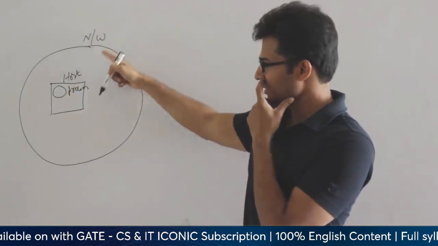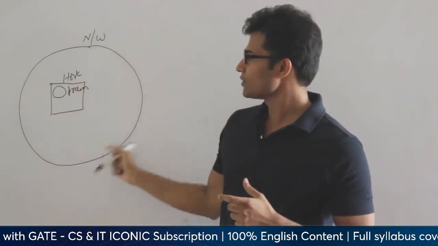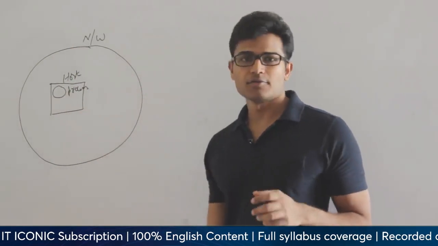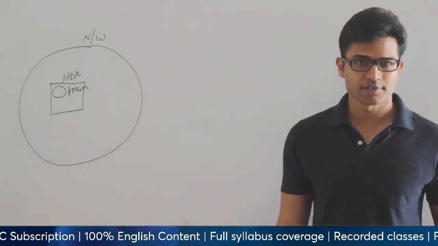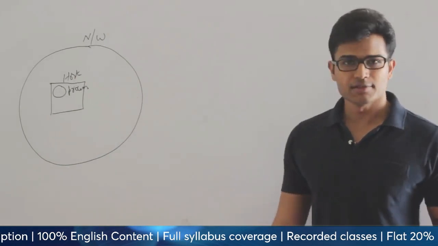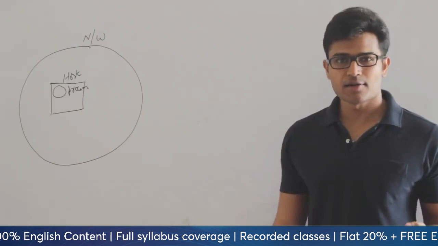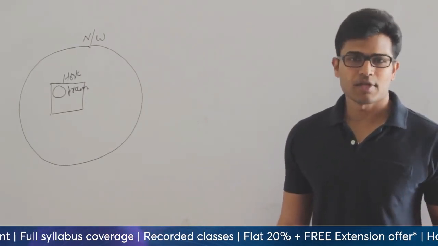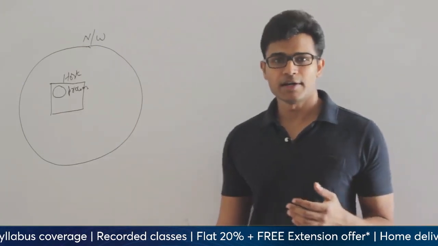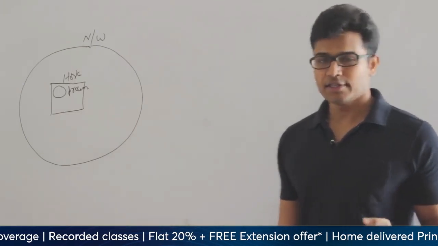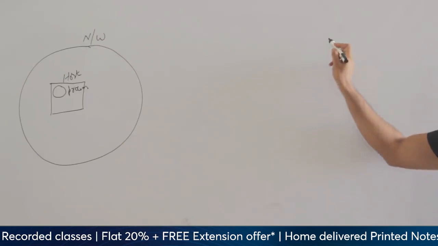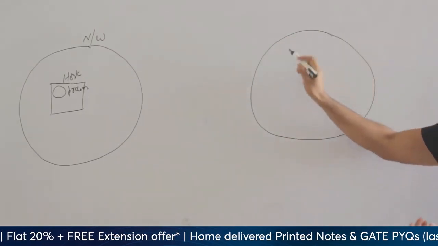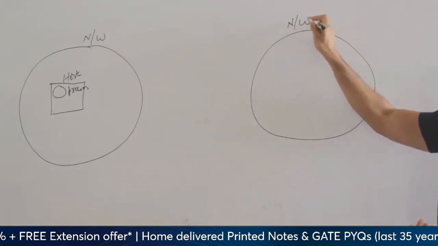So what is it? Network, and within the network there are many hosts, and one of the hosts is your computer. And within a host there are many processes, and one process is where you have opened your web browser and typed, say, google.com. Now you want to go to Google and get a web page, and assume that Google's network is in California, somewhere in the US, and this is the network in which Google is present.